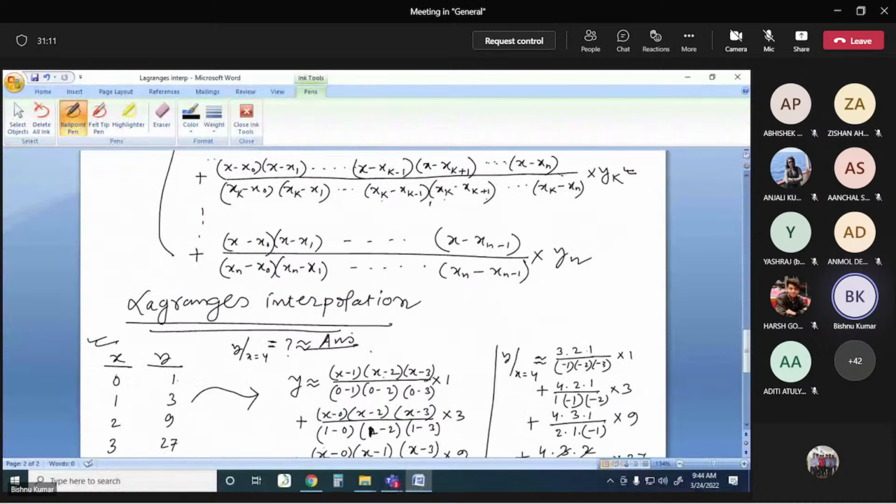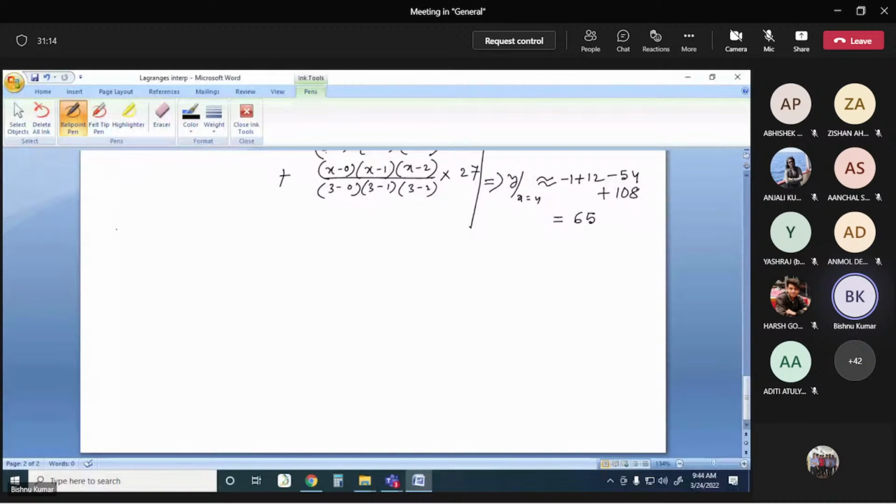Suppose in last class I told you to calculate, suppose x, y, 0, 1, 2 and 4, and the corresponding values in divided difference were 1, 3, 9 and 81. And you have to calculate the value of y at x equals 3.